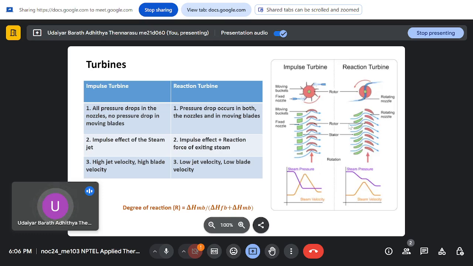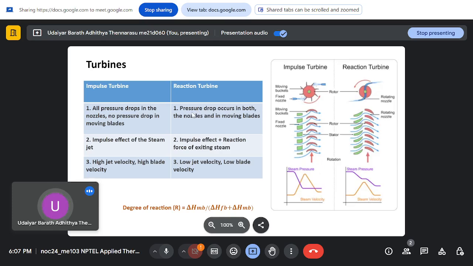In this case there is maximum utilization compared to an impulse turbine. So a reaction turbine is much more efficient compared to an impulse turbine, but impulse turbines are generally used for smaller capacity work, and reaction turbines for higher capacity work. In an impulse turbine, all the pressure drop occurs in the nozzle and there is no pressure drop in the blades.